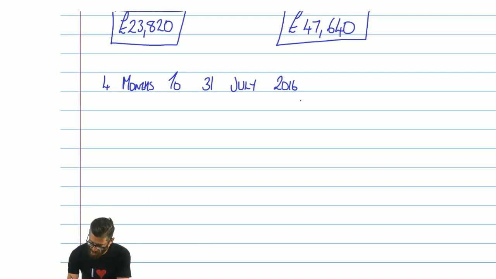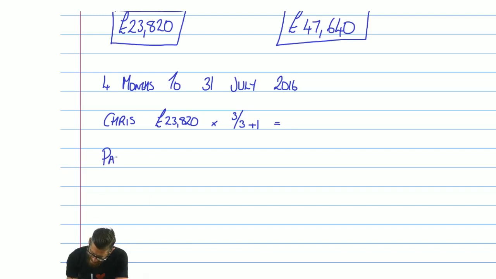So Chris would get 23,820 multiplied by 3 over 3 plus 1, whilst his partner Pat, poor old Pat, is only getting 23,820 times 1 over 3 plus 1.